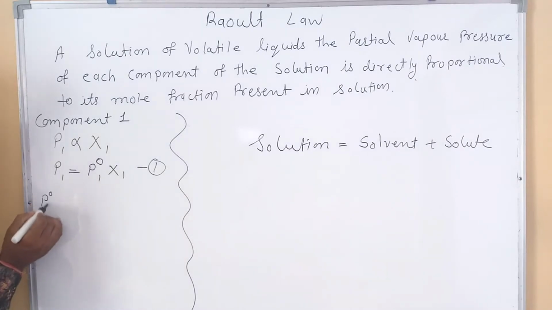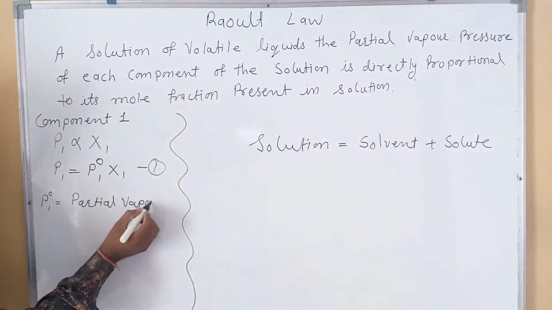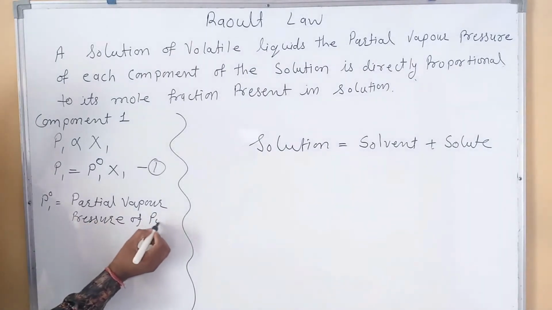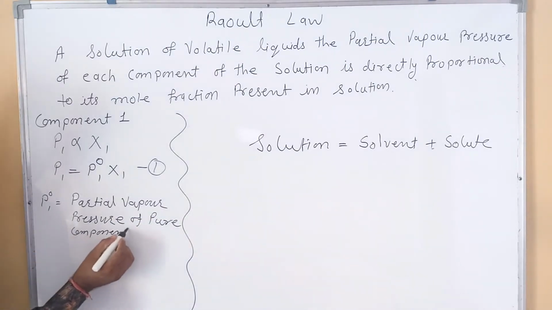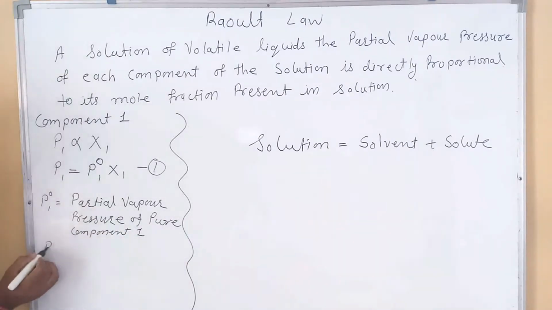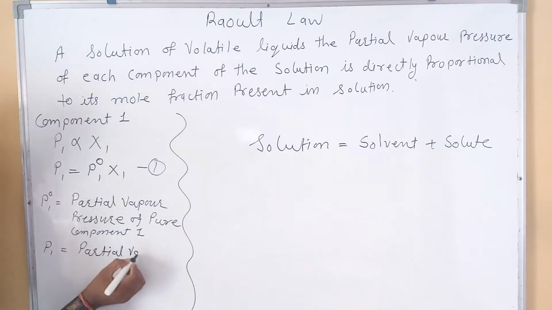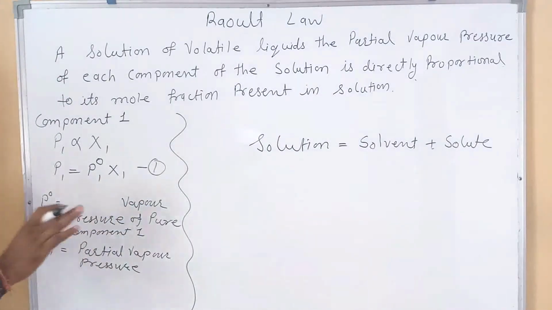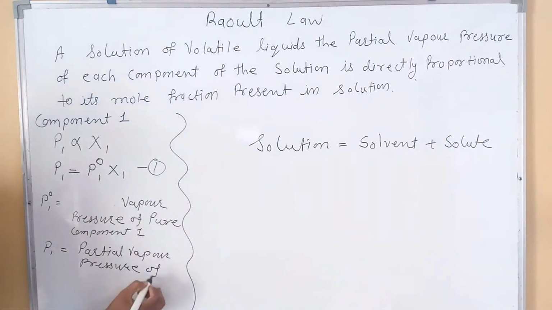In this equation, P01 is the vapor pressure of pure component 1, and P1 is the partial vapor pressure of component 1.